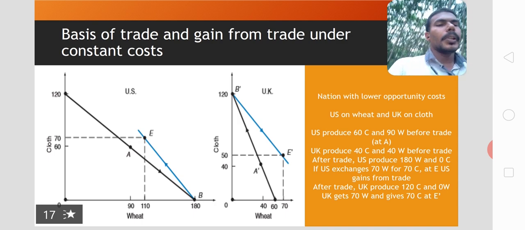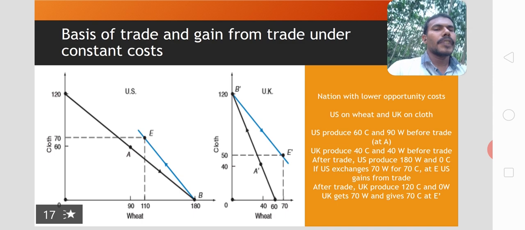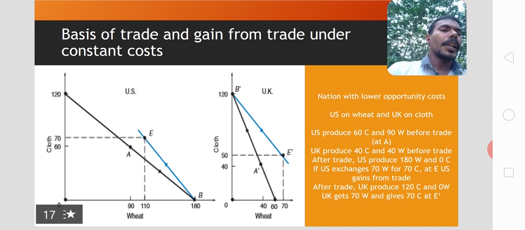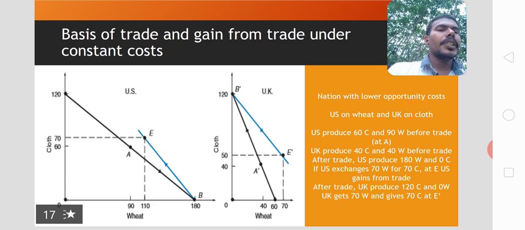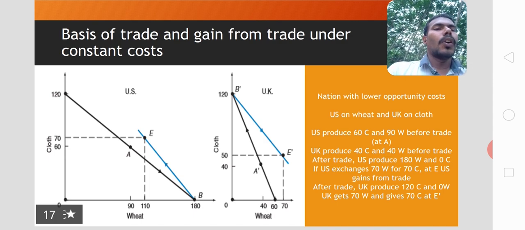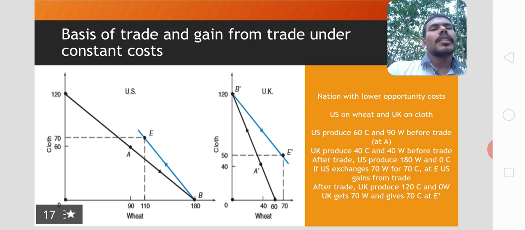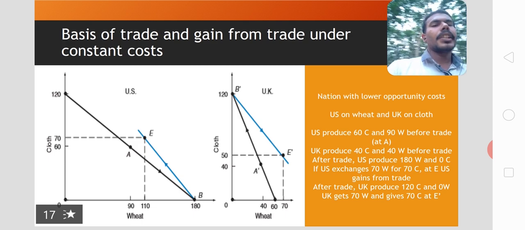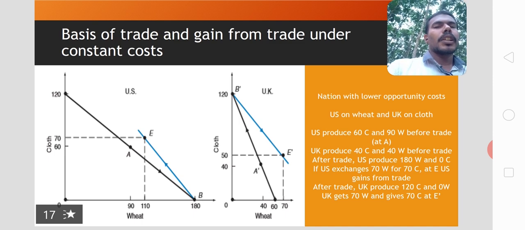The equilibrium point is E in the first figure and E dash in the second figure, where the UK obtained 70 units of wheat and they produce 120 units of cloth. But of the 120 cloth, 50 is produced and used domestically and 70 will be exported to the United States.